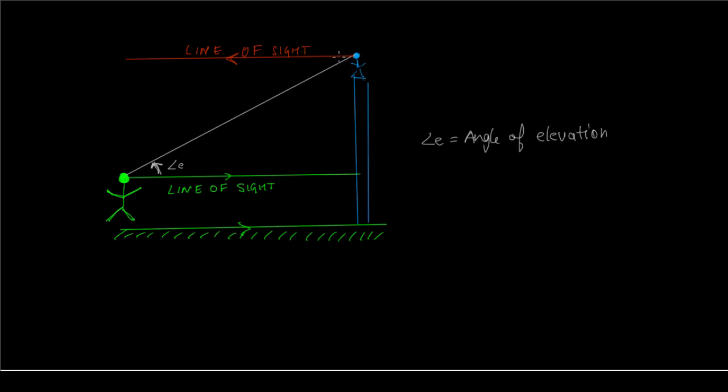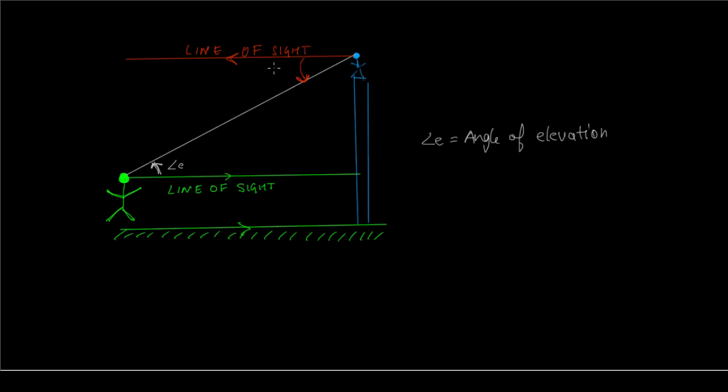Now, from this line of sight, to look at the person below, this stuntman, who is at a lower level, he has to lower his head from the straight line of sight. While lowering his head, he is forming an angle here in the downward direction.